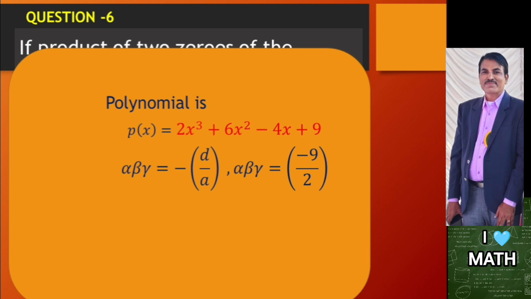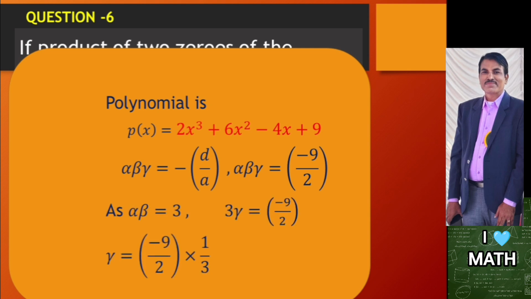The product of 2 zeros is given, so assume alpha beta is 3. Then I get 3 gamma is minus 9 by 2, or gamma is minus 3 by 2. So the correct answer is bit number B.